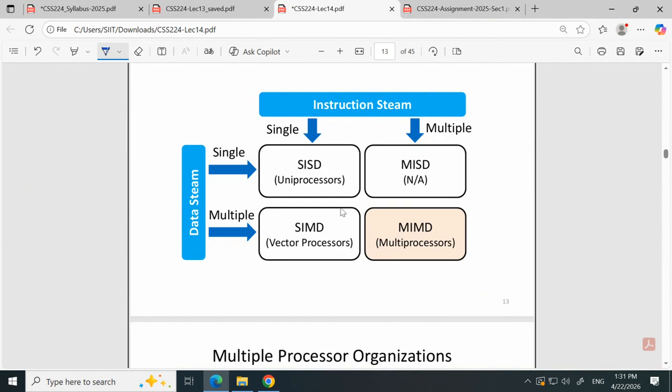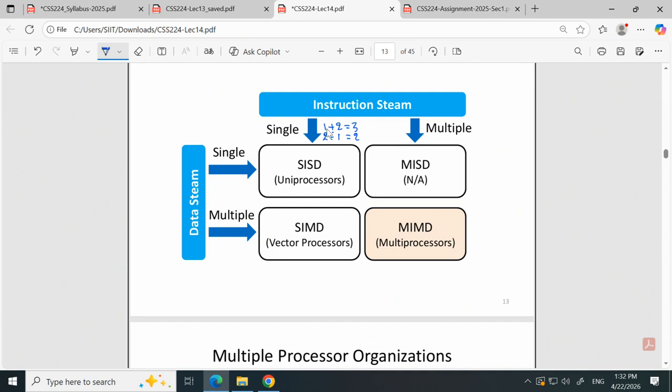You are familiar with this one. Single instruction, single data stream. You need processors, one single CPU. So one instruction takes a set of data to compute. Let me give you one example: 1 plus 2 equals 3, or maybe 2 divided by 1 equals 2.